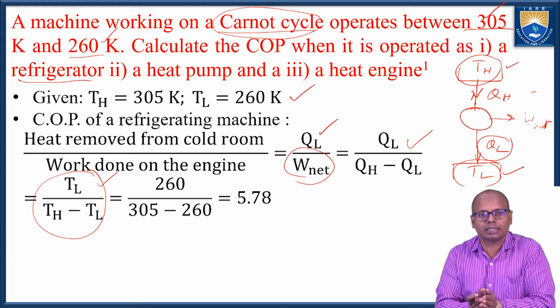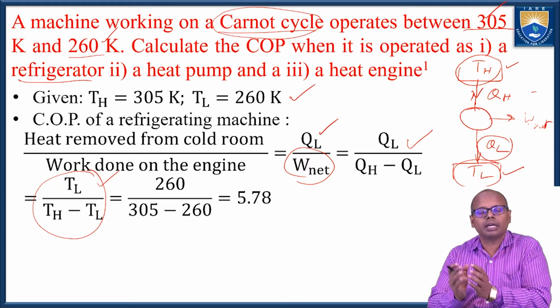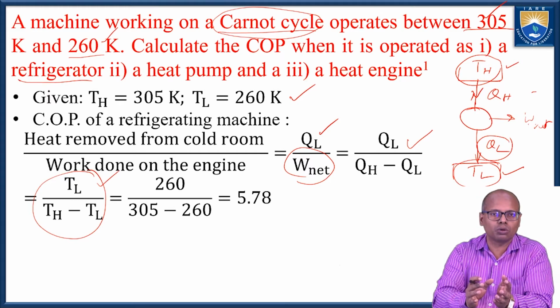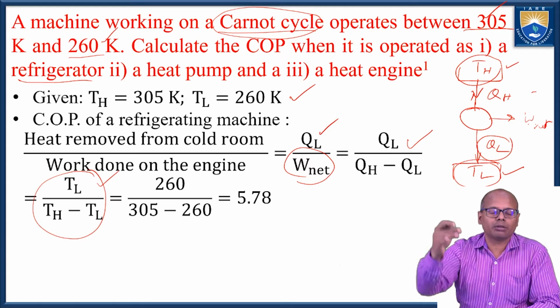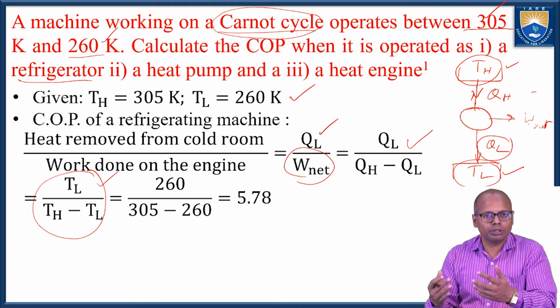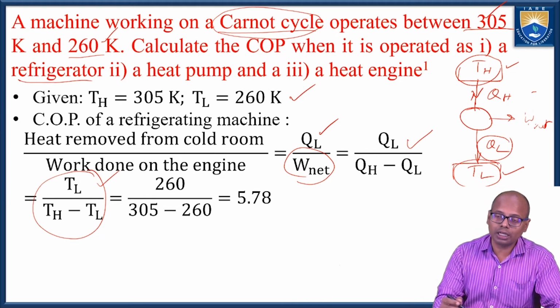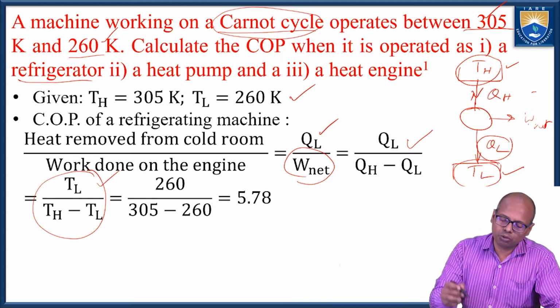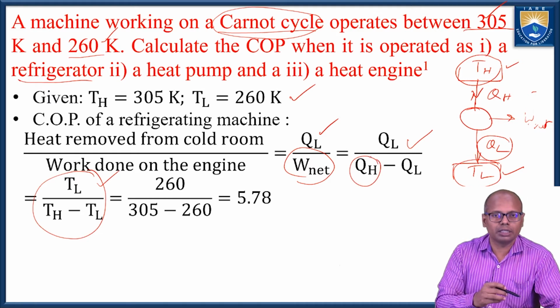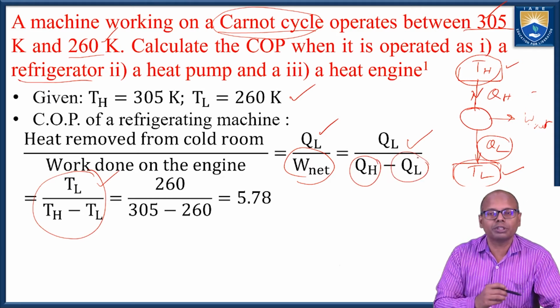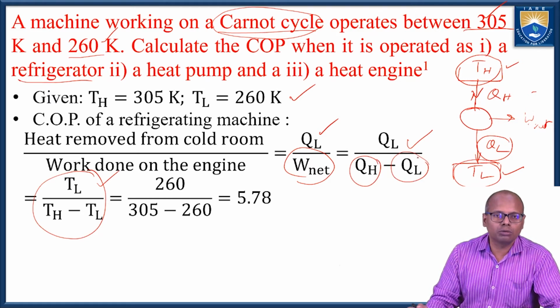As we already discussed, it is the difference between heat taken from the cold room and the heat given to the atmosphere. So here it is giving more heat to the atmosphere than what it is absorbing from the cold room or cold storage place.